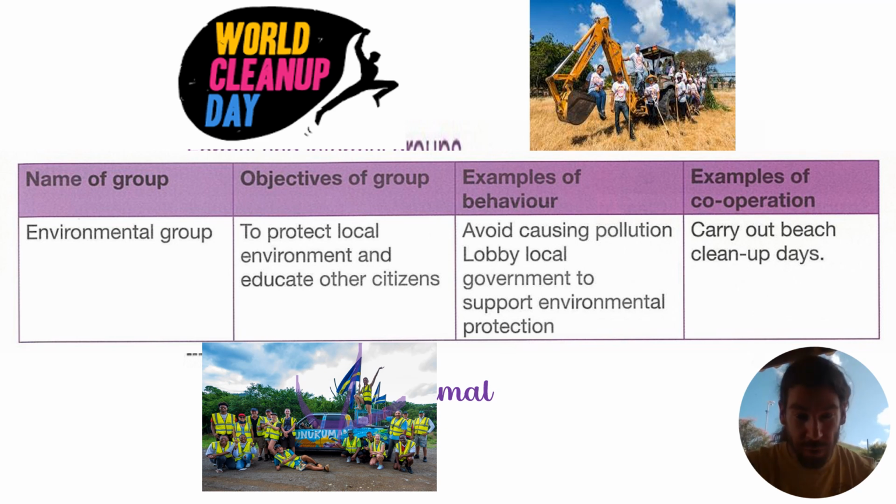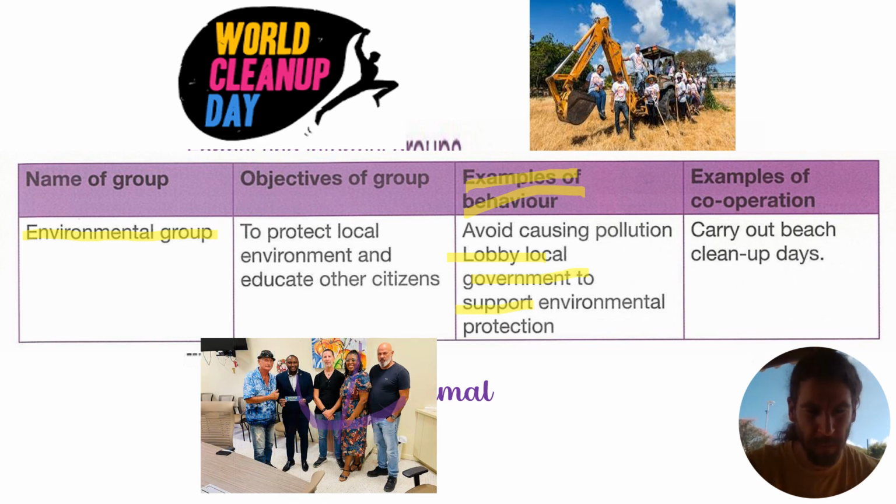Also, one thing I named was lobbying. We're going to talk about this more later on during governance and good governance and how our country is governed. An example of behavior of environmental groups is that they lobby, and you try to get local government to support you. For instance, Kunukuman went to our Justice Minister, Minister Hato, to have good contact with him, to talk to him, and to lobby for support with the government.